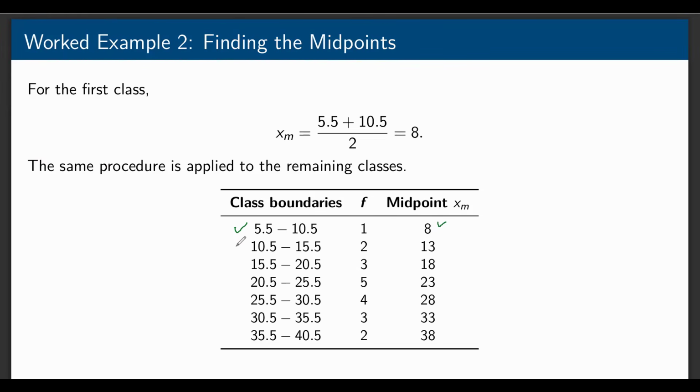For the second one, we have 10.5 plus 15.5, which gives us 26, divided by 2, and that's 13. And that's what we have here. You apply it for all the remaining class boundaries.